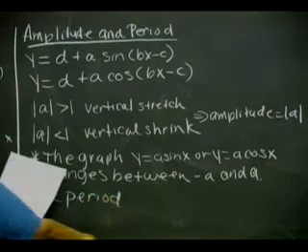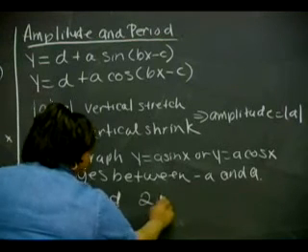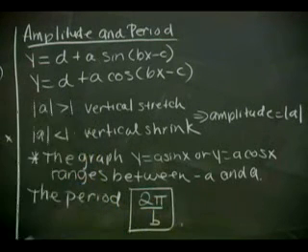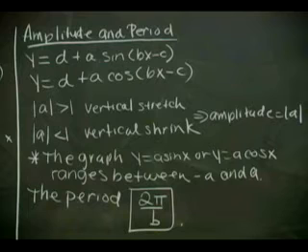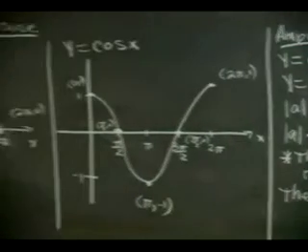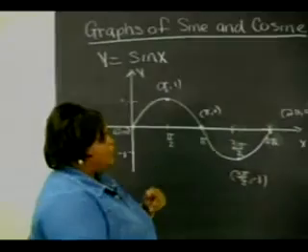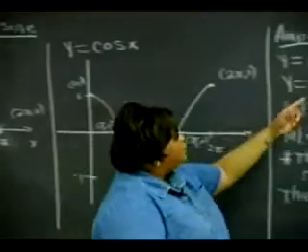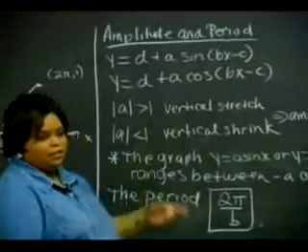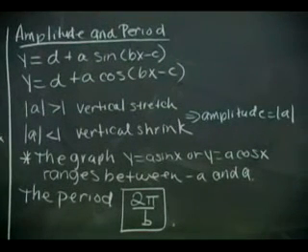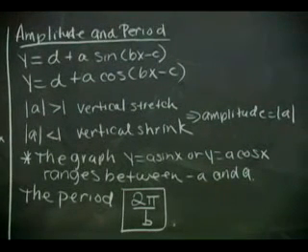The period. We can find the period of this graph by 2 pi over b. This tells us the period. Now, what does that mean? Well, notice that on this graph, one complete period on the normal sine graph ranges from 0 to 2 pi. But depending upon this b, my graph could be compressed a little bit, or it could be stretched out.